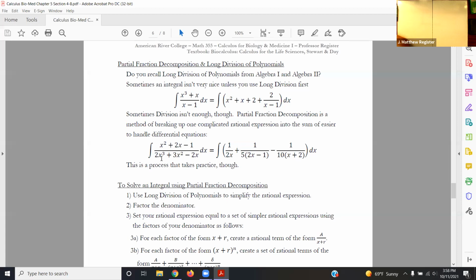And so if you look at this denominator here, 2x cubed plus 3x squared minus 2x, that can be factored to an x, a 2x minus 1, and an x plus 2. That's what 2x cubed plus 3x squared minus 2x will factor to.